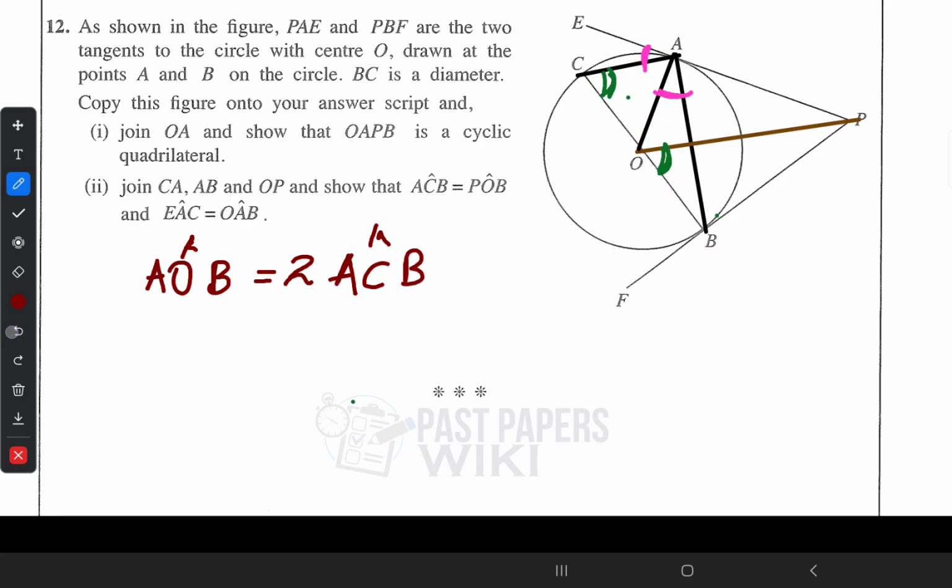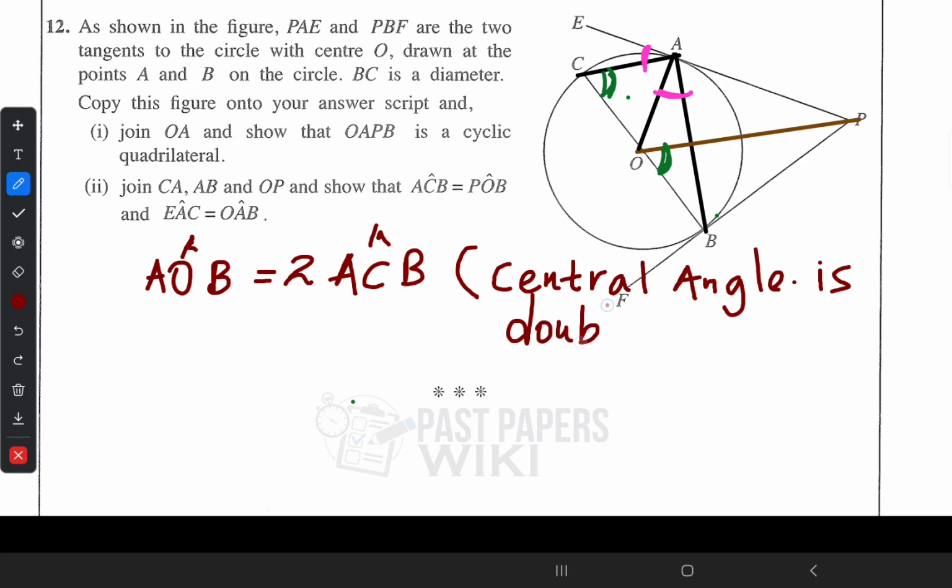You should write the reason as well. Here you can write the reason as: central angle is double the circumference angle. Then after, we just equalize them.